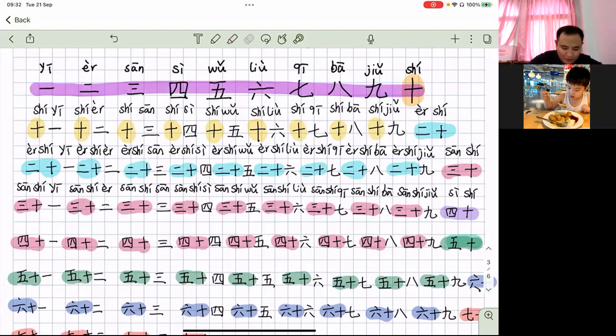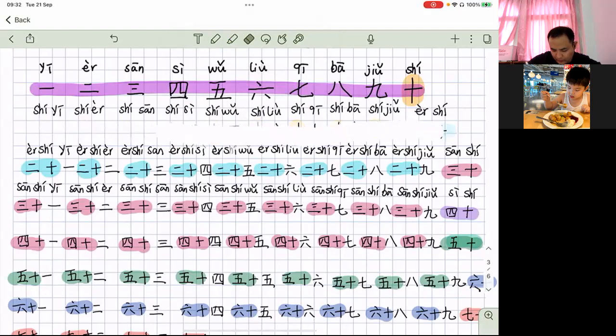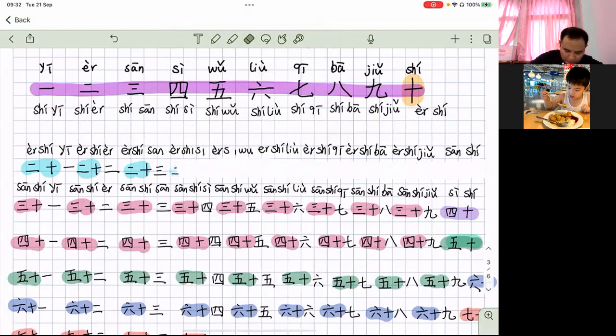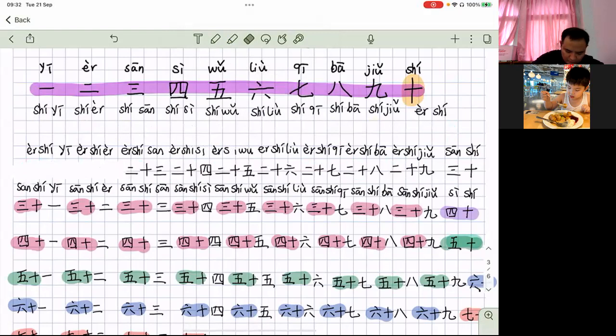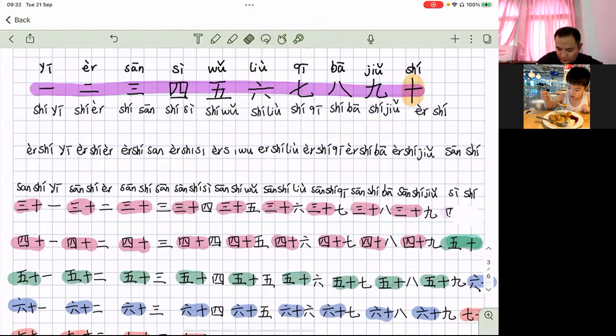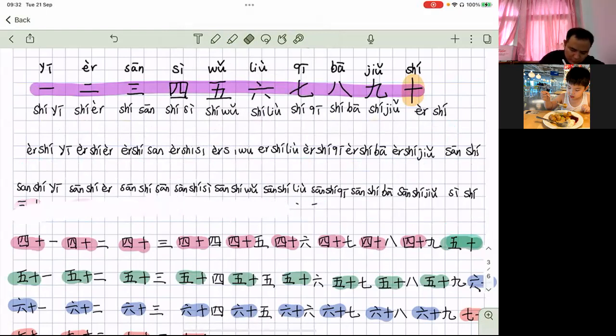Now the following ones, from 11 to 40, you need to write on your own.